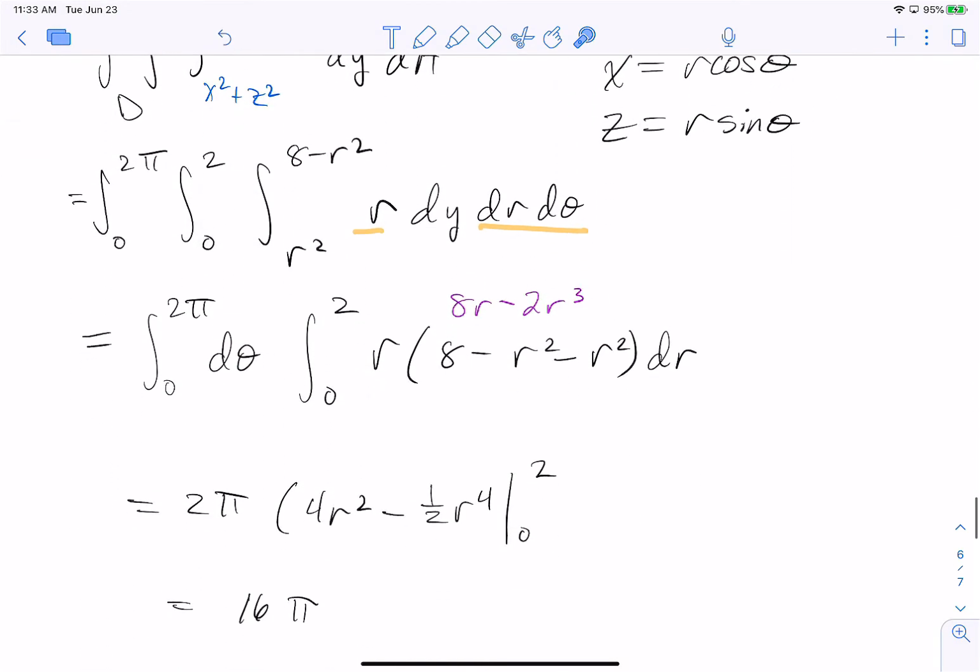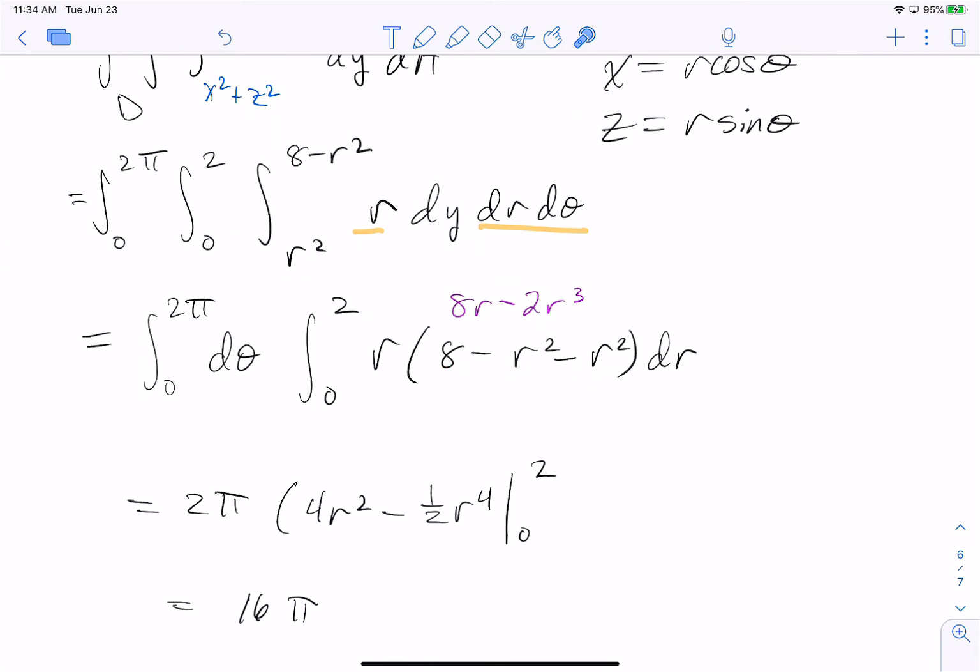We have an integrand that's simply r, and so I've split this up into two integrals, and I'll explain. One of them is the integral from 0 to 2 pi d theta. That's multiplied by the integral from 0 to 2 of r, and then I went ahead and integrated with respect to y, and put in the upper limit of 8 minus r squared minus the lower limit of r squared.